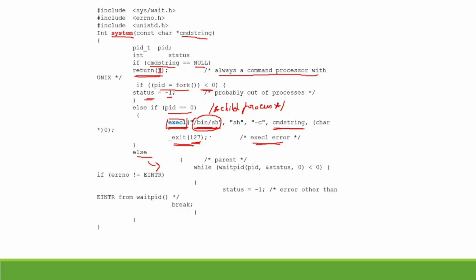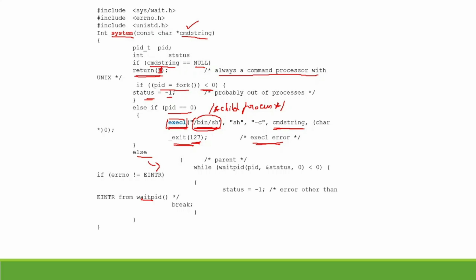So this is a demonstration of how we make use of the system function in terms of fork, exec, and wait to execute the commands that are specified here. What do we do? First check whether the command string is null. If it is null, then we return a positive value 1.